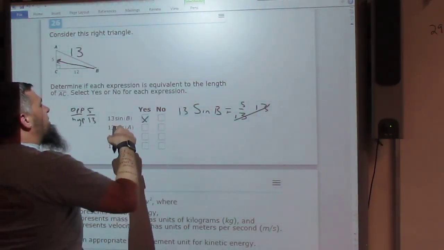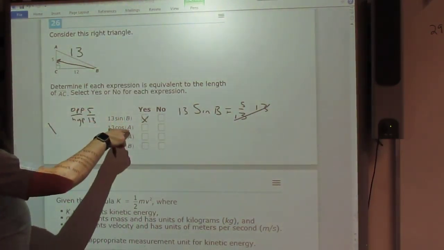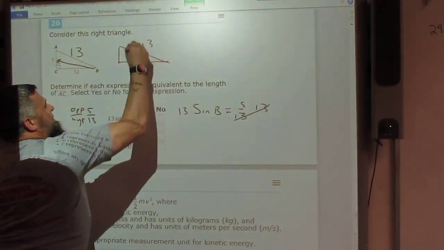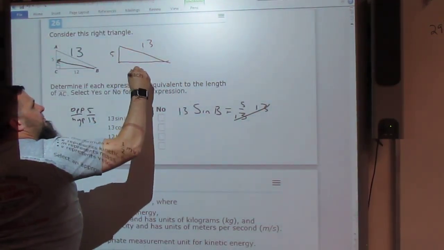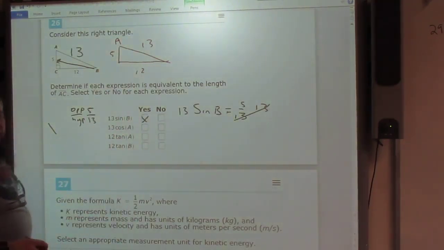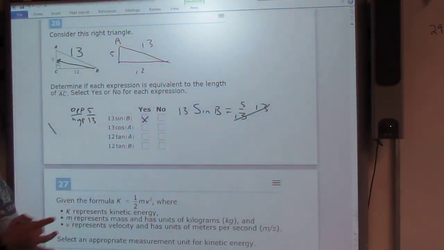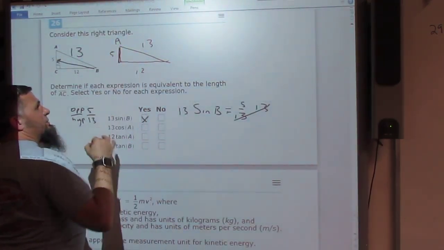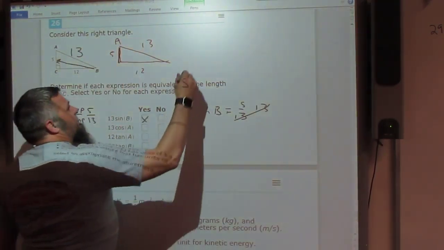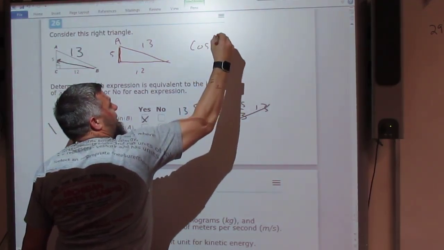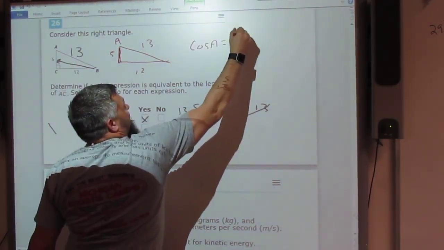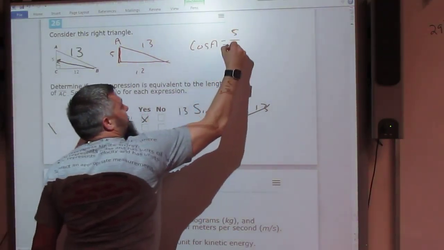So, if I want to talk about cosine, then I'm going to talk about A. Then let's write this same thing. 13, 5, 12. But this time this is with A, right? And so cosine is adjacent. So adjacent would be this side, right? And so cosine A would be equal to adjacent, or 5 over hypotenuse, which is 13.